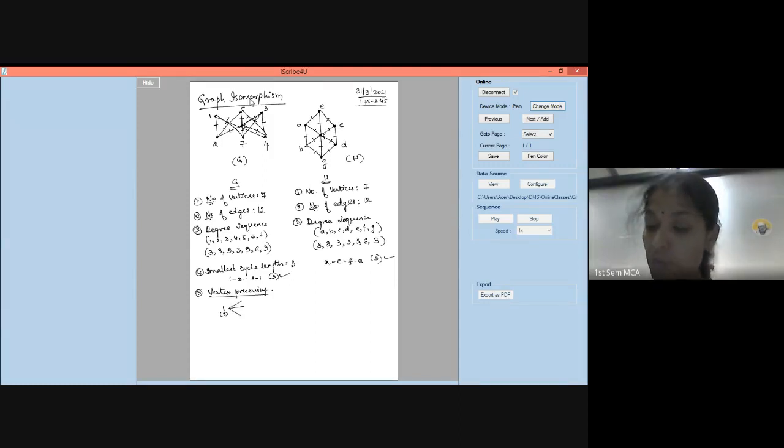So what are the 3 adjacent vertices you have to find out? The 3 adjacent vertices for 1 are 2, 6, 7. Degree of 2 is 3, degree of 6 is 6, degree of 7 is also 3.